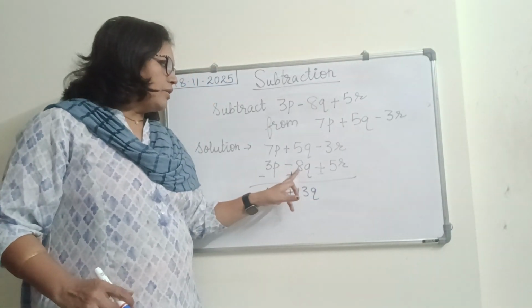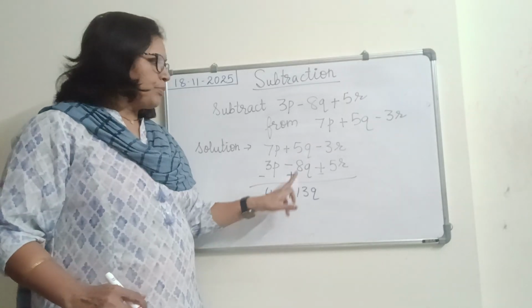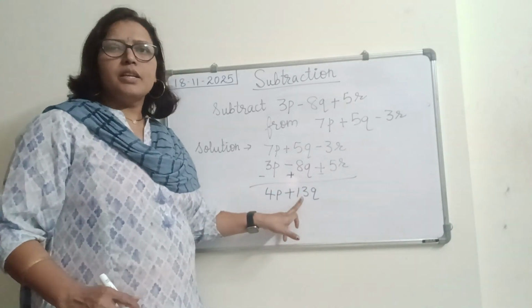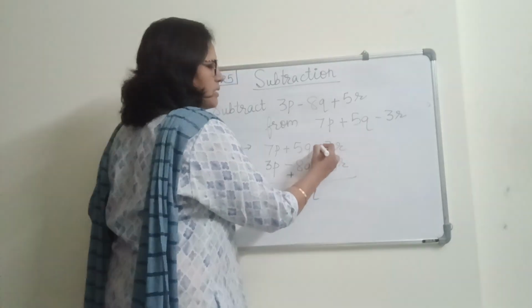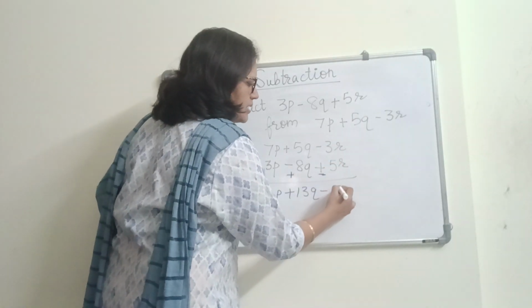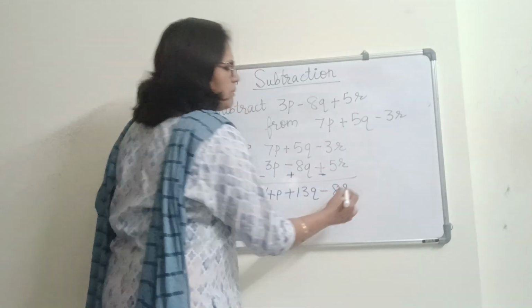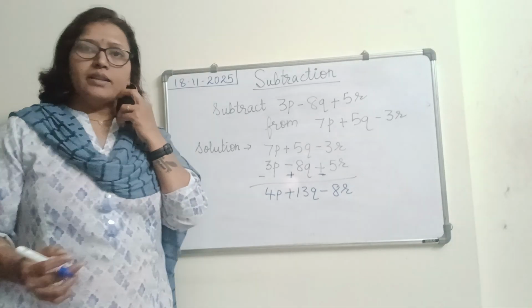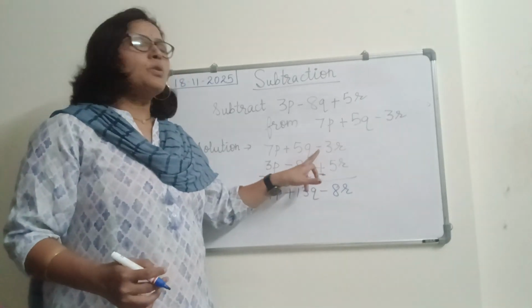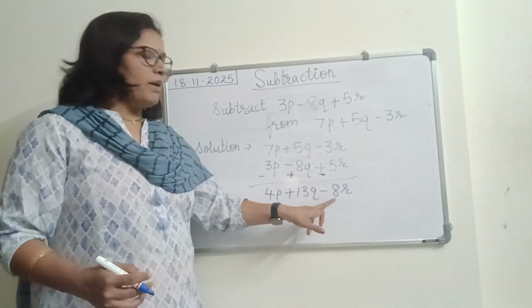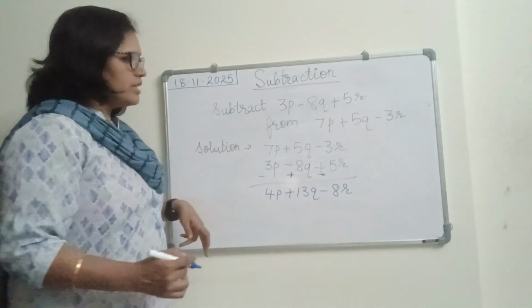Now again here it is a minus. So minus 5 minus 3, that is minus 8. Minus minus becomes plus, so we are adding the numbers that time. We are not subtracting here, because this minus 5 and this minus 3 become minus 8r, and this is your answer.